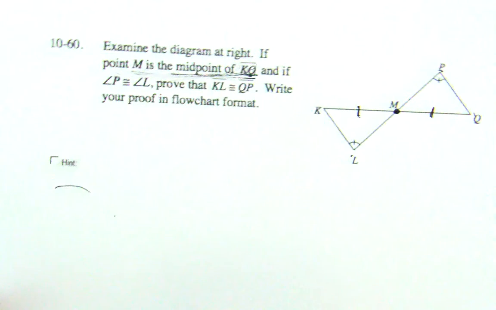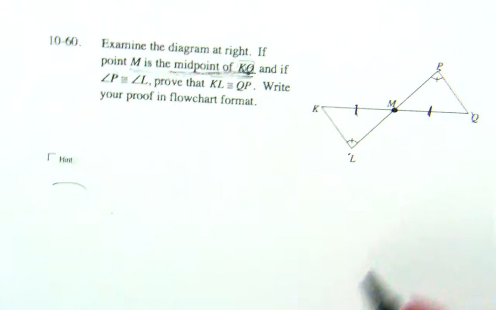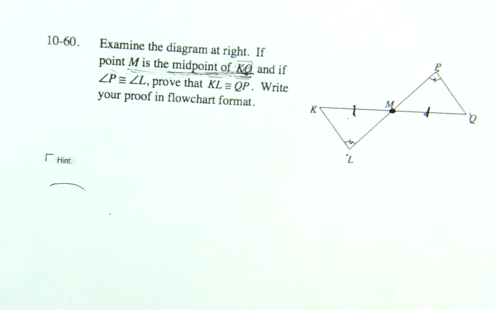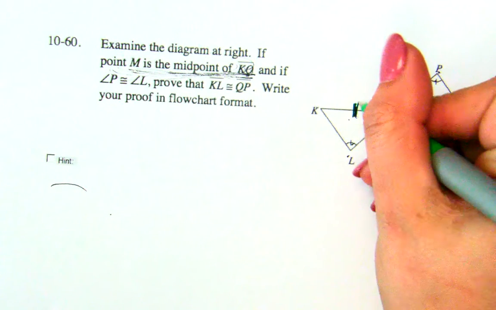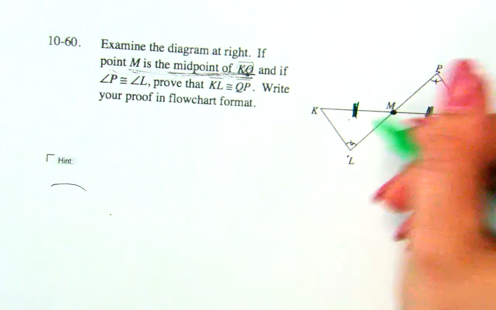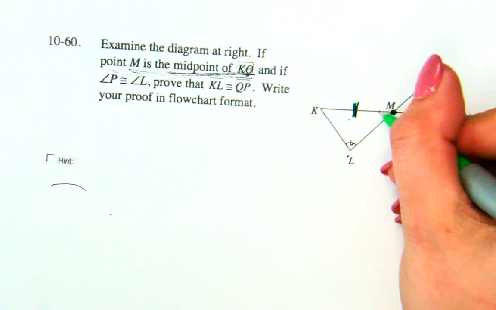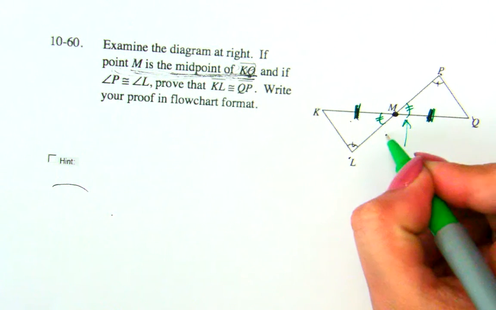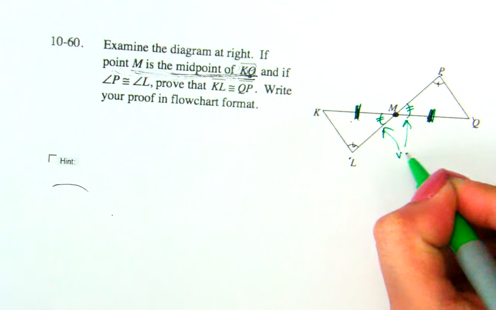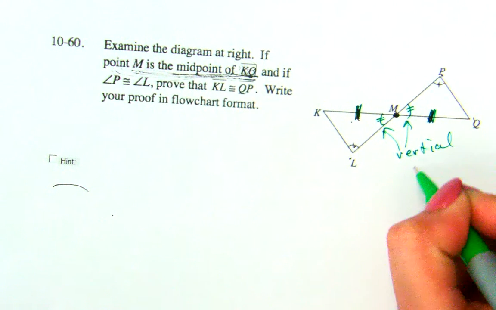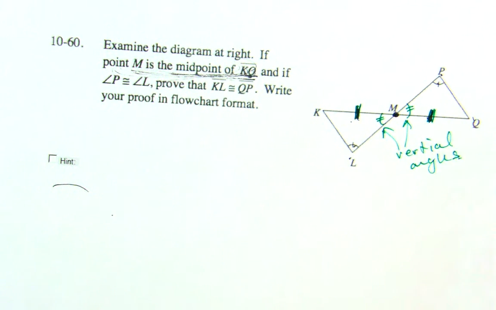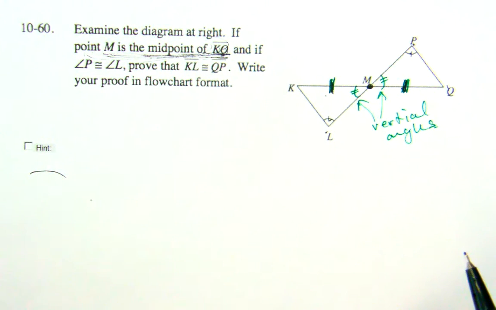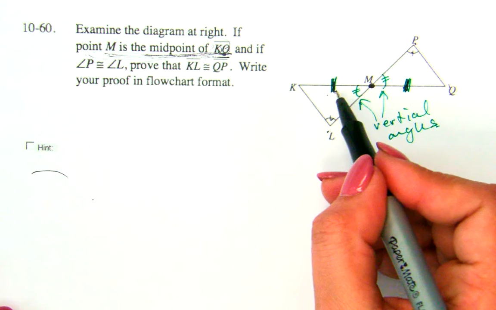All right, so let's see what we have. What is this going to be congruent by anyways? So those are going to be the same. These are angles. Oh, here it is. Okay, so we're going to put these down. M is given. These are not given. So these are your vertical angles. Okay, so let's see what we have. Angle, angle, side.